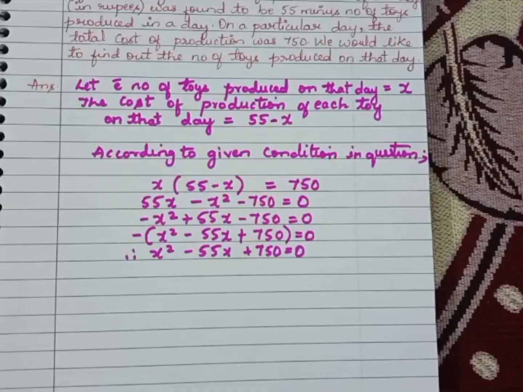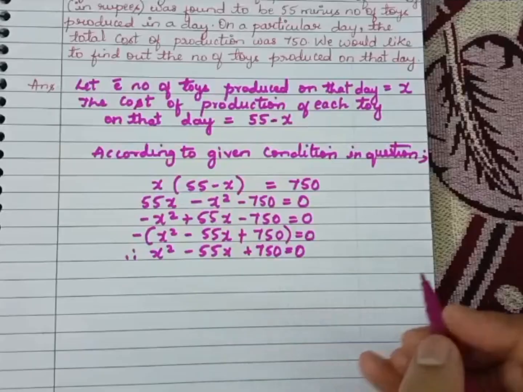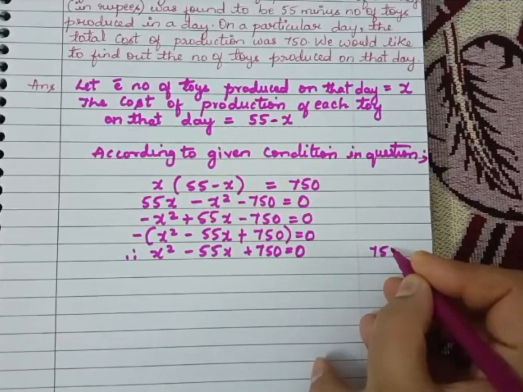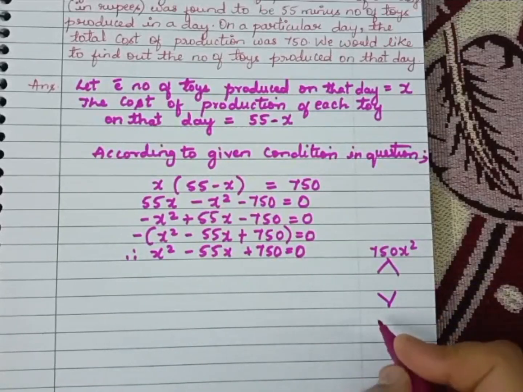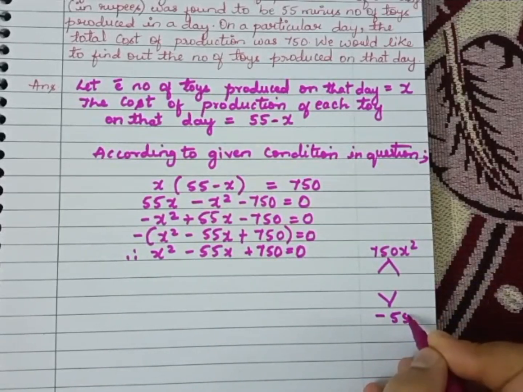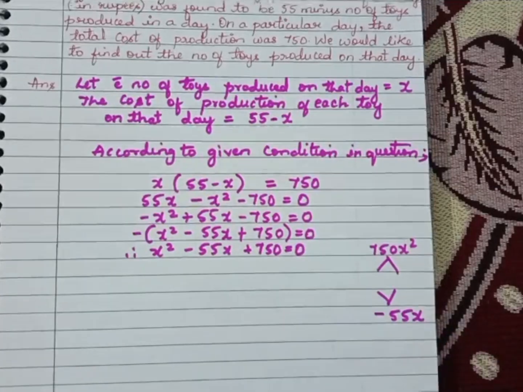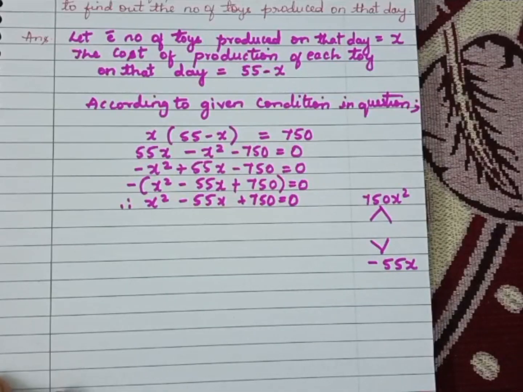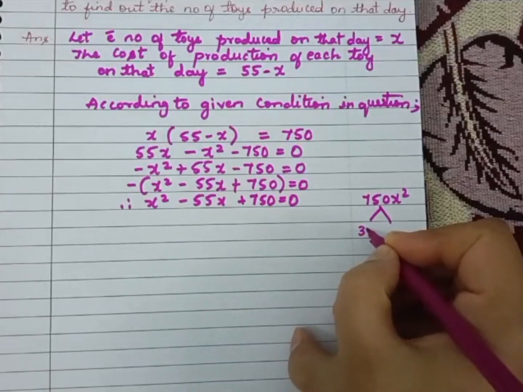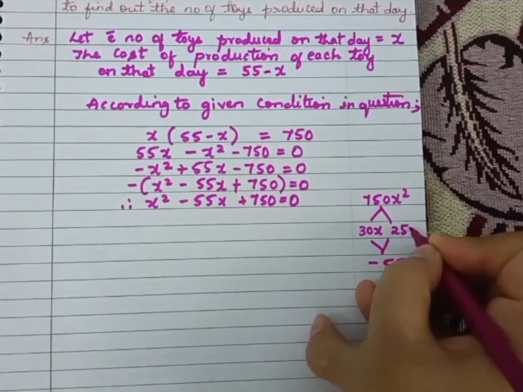Now we have to do it using the factorization method, that is x square into 750 is 750 x square. If you multiply, we have to get 750 x square. If we add or subtract, we have to get minus 55x. Now 30 into 25, so we get 750. 30x into 25x.